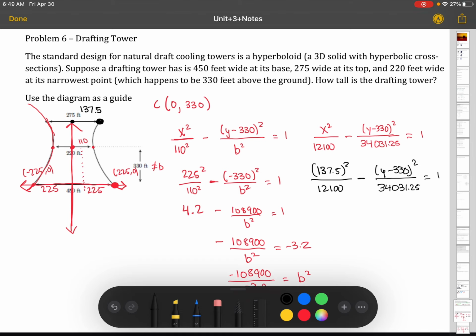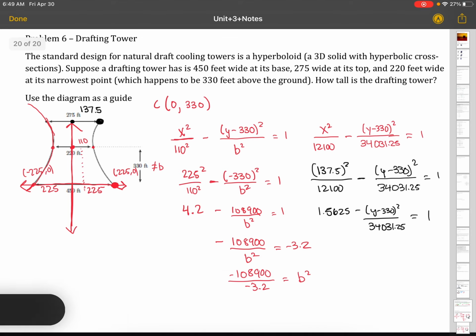And so we're going to do that value. We get 137.5 squared divided by 12,100 is 1.5625 minus y minus 330 squared divided by 34,031.25 equals 1.